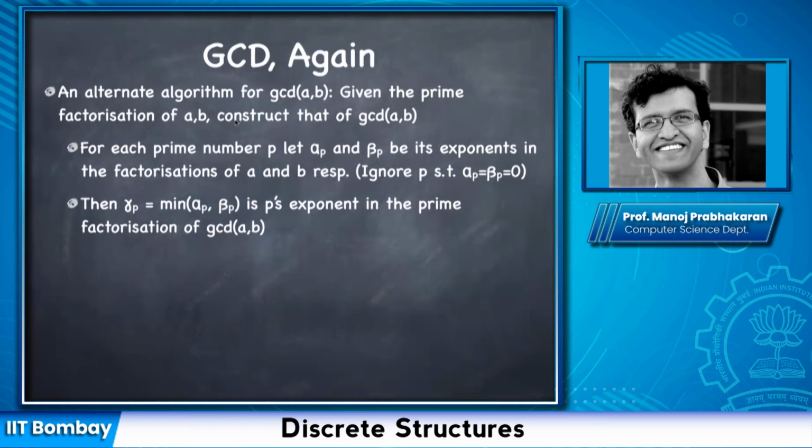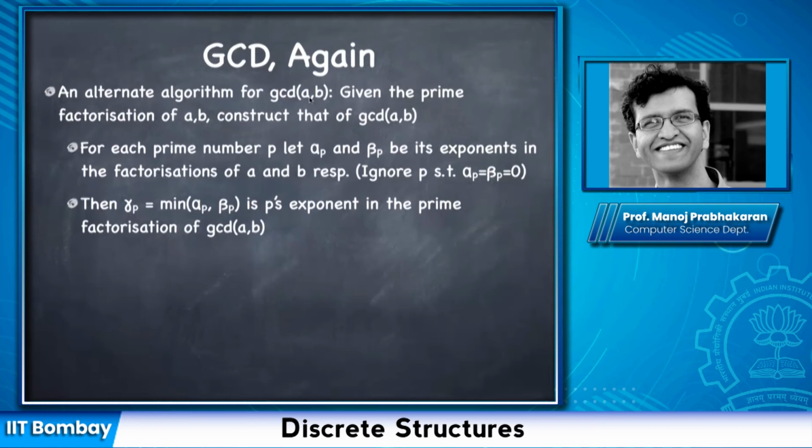So we talked about Euclid's algorithm for finding GCD. Here is an alternate algorithm, not particularly efficient, but it's still an algorithm for finding GCD of two numbers.